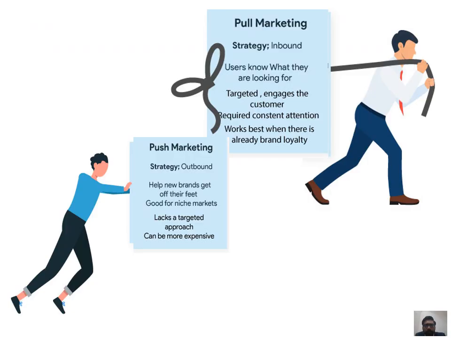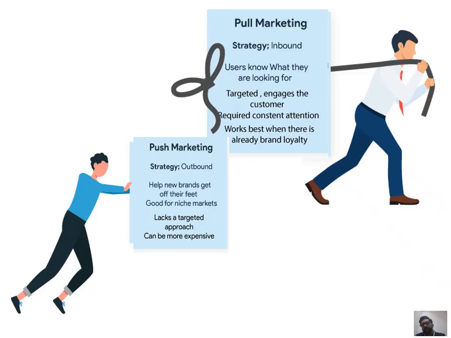So when we talk about pull marketing versus push marketing, in case of pull, the strategy is focused. It is like an inbound marketing strategy, whereas push is an outbound marketing strategy. In pull marketing, users know what they are looking for, and it targets and engages the customer. This requires constant attention and works best when there is already brand loyalty.